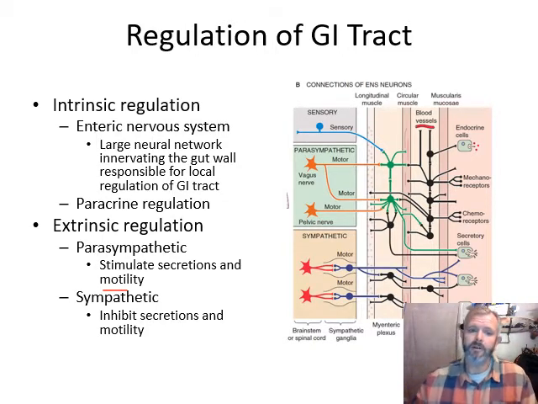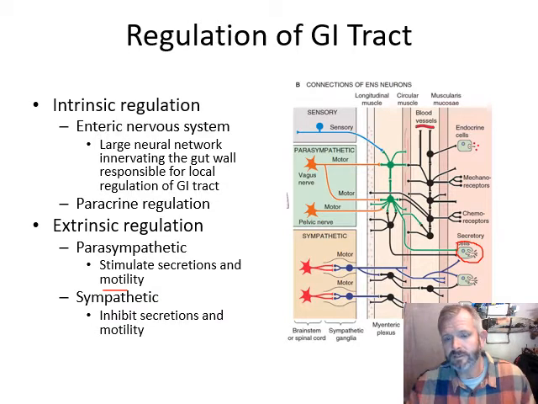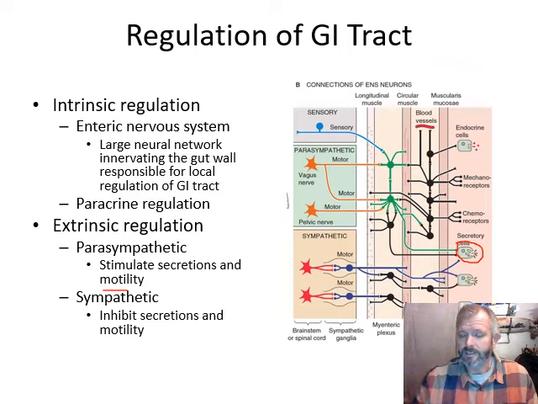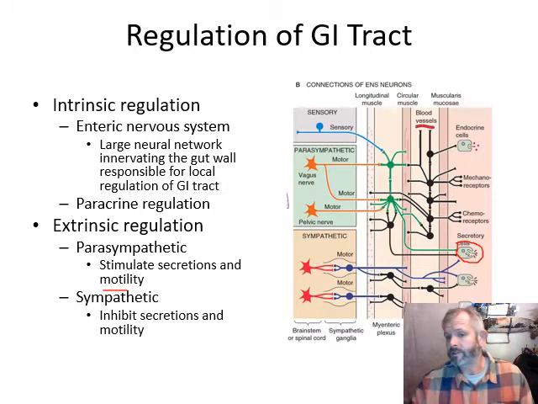And if you remember, parasympathetic is rest and digest. So these parasympathetic fibers would stimulate secretions here and would also stimulate the muscle. Here's our muscle layers, help stimulate the muscle layers in contraction, increase motility, where sympathetic would have an inhibitory effect in these areas here.